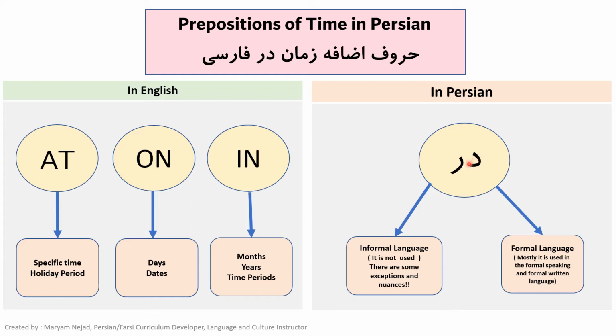For example, in the informal language, we don't even use it. It might be used from time to time in the formal language, meaning the formal written language, or in the news and stuff. So in the next slides, we will see when we use dar and when we don't.